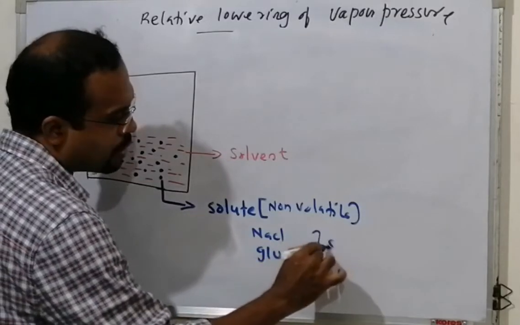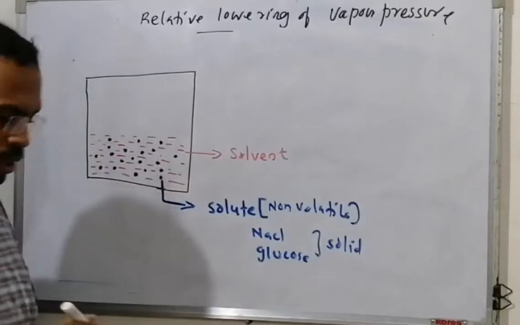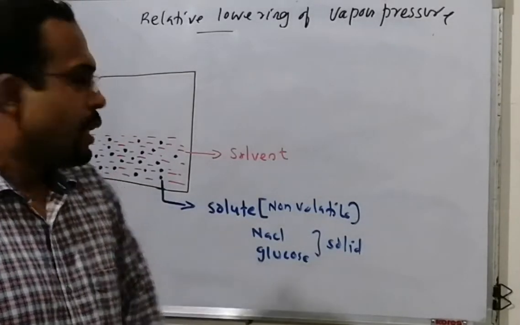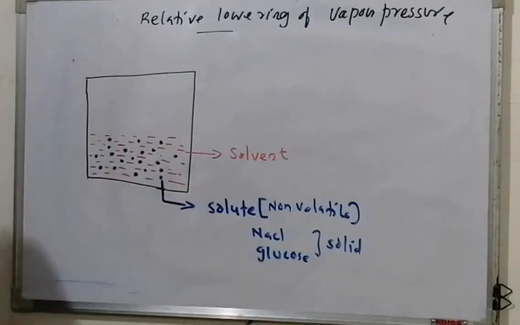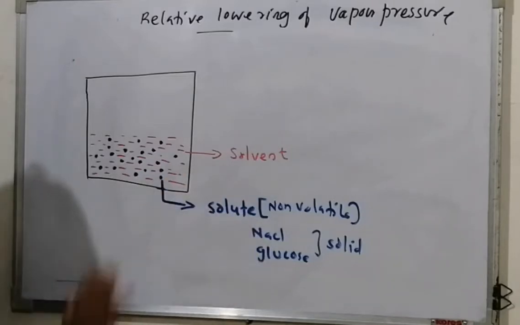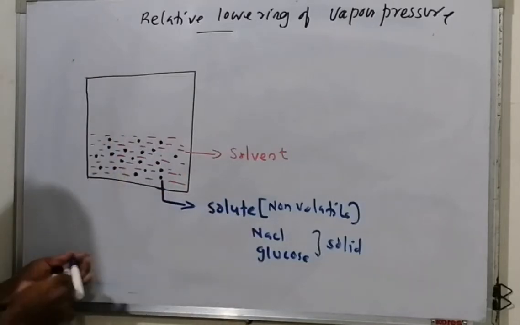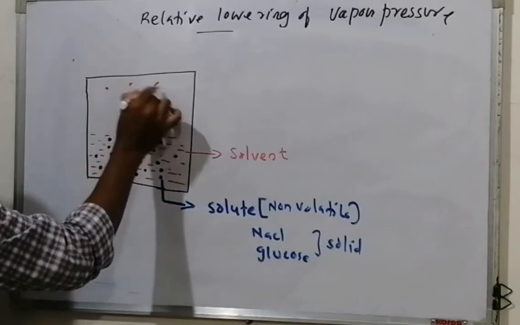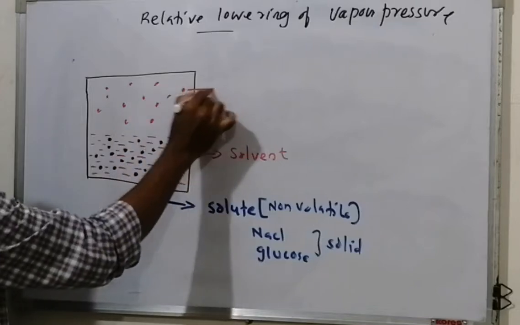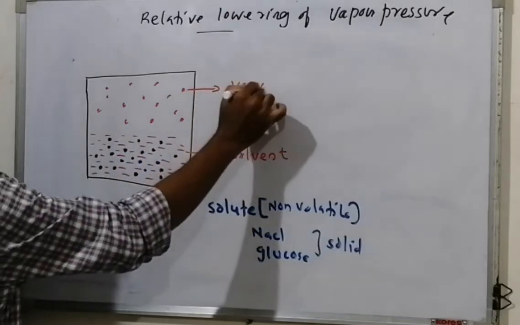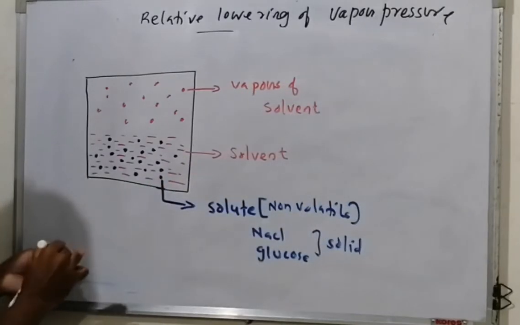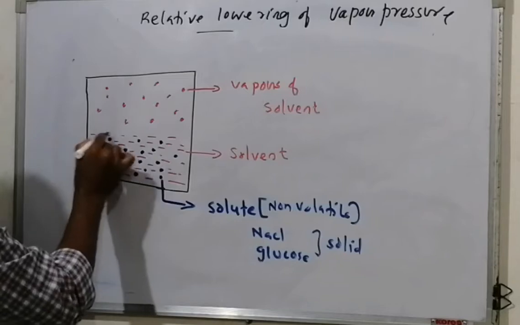Then we can say solid solute. Now, this phase is a solution, an ideal solution of non-volatile solute. In this phase, you have only vapors of solvent.